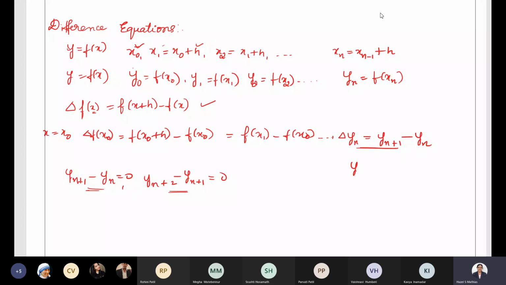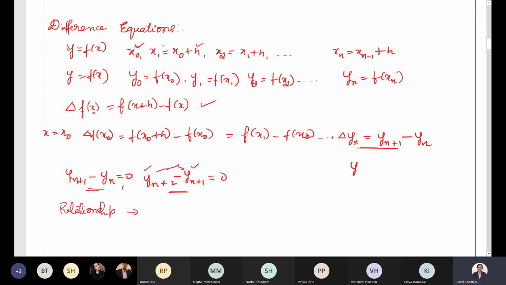In other words, a difference equation is a relationship between the differences of an unknown function. Yn plus 2 and yn plus 1 are the unknown functions. So here we are getting the relationship between the differences of an unknown function at several values of the independent variable, not only for one or two values but for different values.